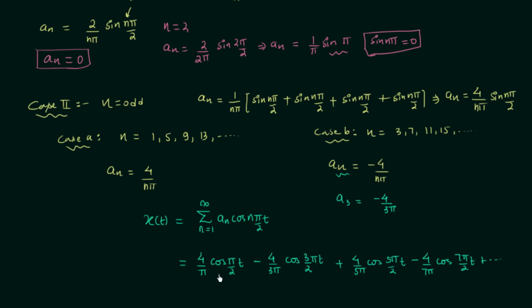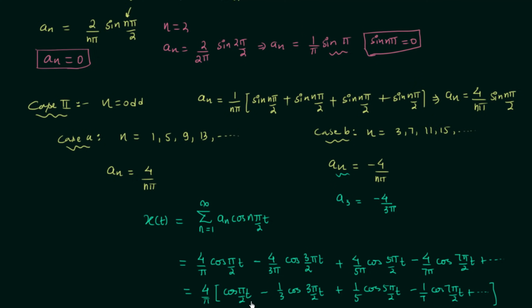You can see 4 by pi is common in all the terms, so we will take 4 by pi common, and inside the bracket we will have cos pi by 2t minus 1 by 3 cos 3 pi by 2t plus 1 by 5 cos 5 pi by 2t. After this we have minus 1 by 7 cos 7 pi by 2t, and so on.